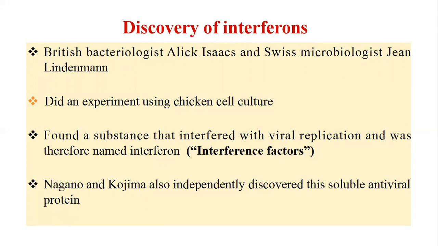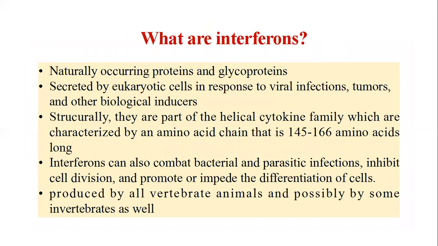They cultured chicken cells and found a substance that interfered with viral replication. Hence, they termed this molecule interference factor, later termed interferon. Then Nagano and Kojima, two Japanese scientists, also independently discovered this soluble antiviral protein.